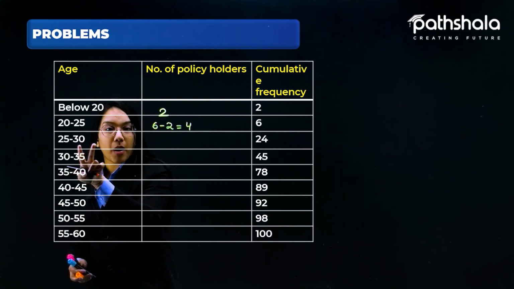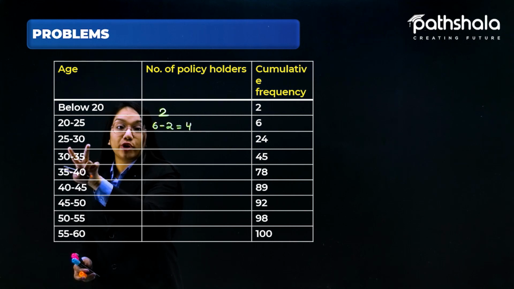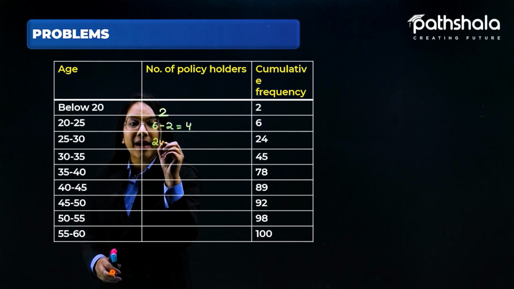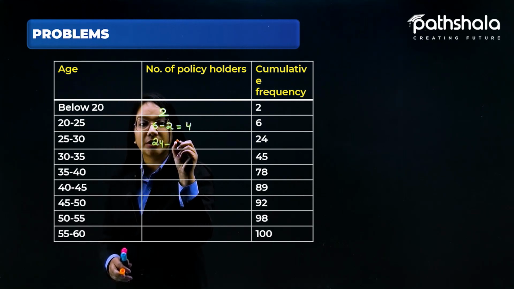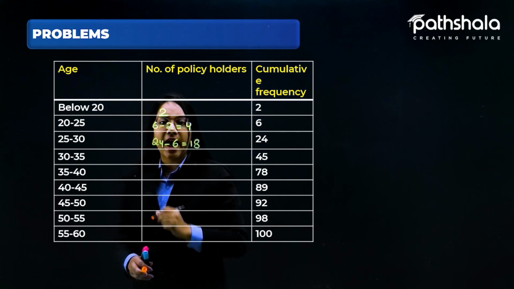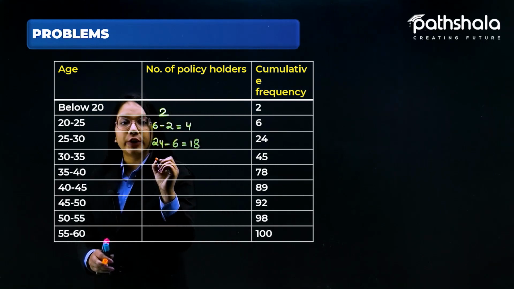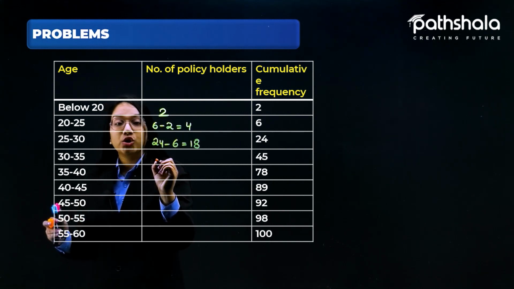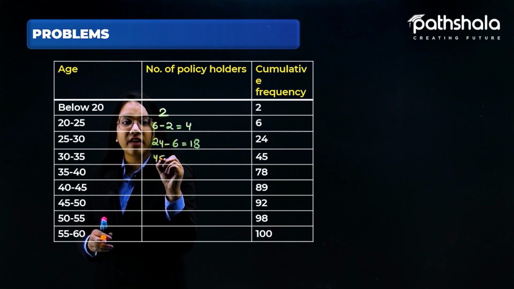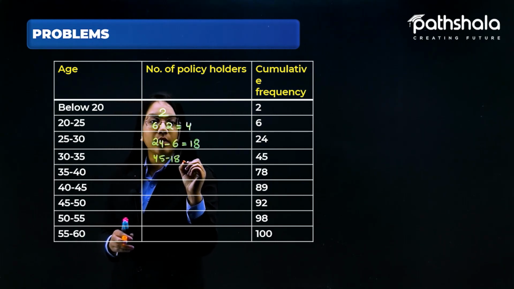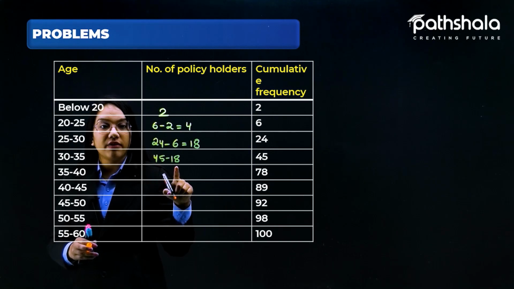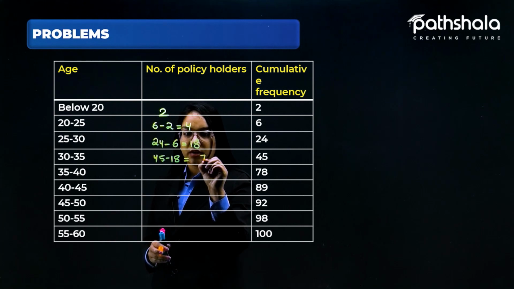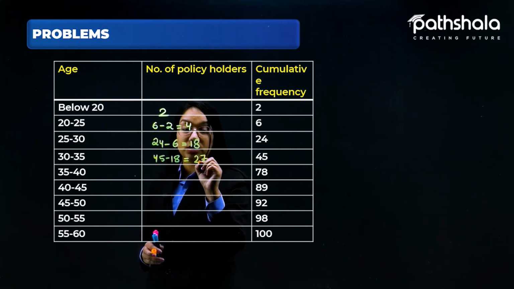But now we are talking about this particular interval only, so the number of policyholders is 24 minus the preceding value, 6, which is 18. Further, for 30 to 35, for below 35 we have the value 45. So 45 minus 18 is 27.